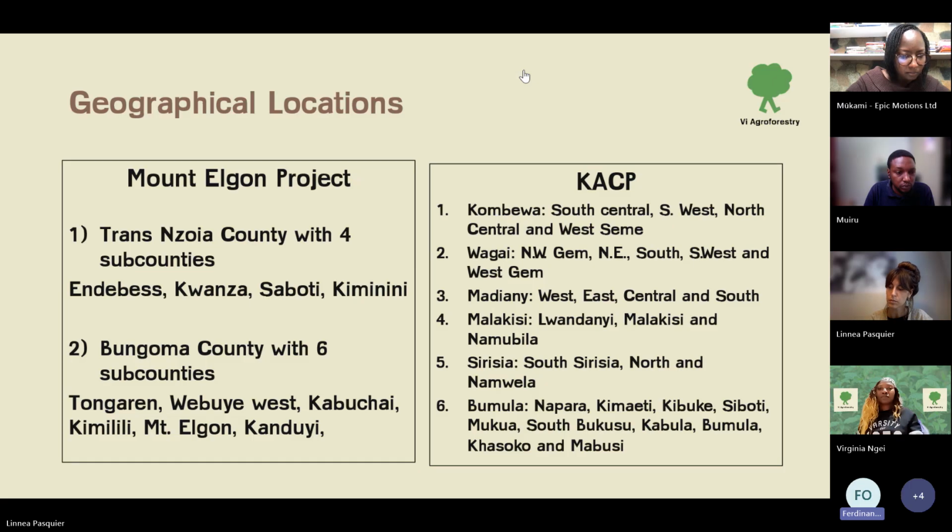So it's insignificant, so to speak, but we are largely in the 4 sub-counties. In Bungoma, we are in those 6 sub-counties, and next to it, you can also see we've broken it down even further in terms of the divisions and locations for KACP. This information is more useful for you to appreciate the depth and breadth of this project in terms of where they are located.